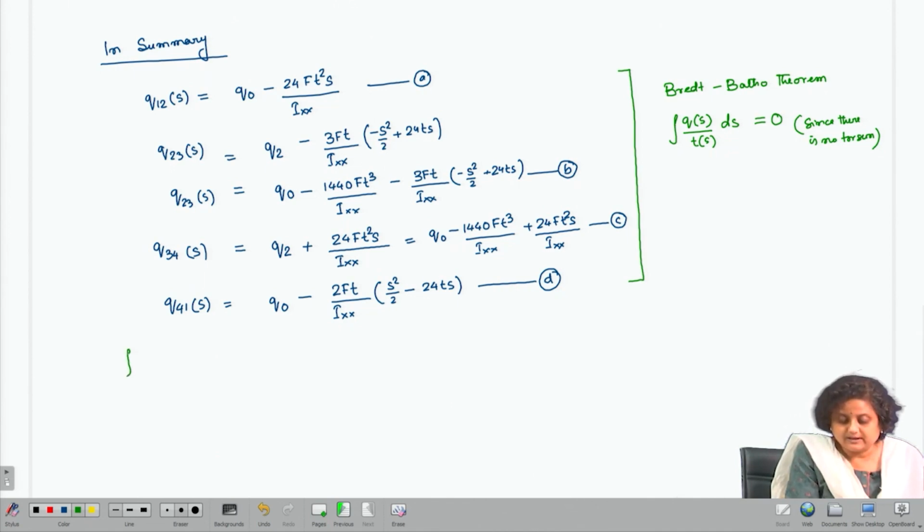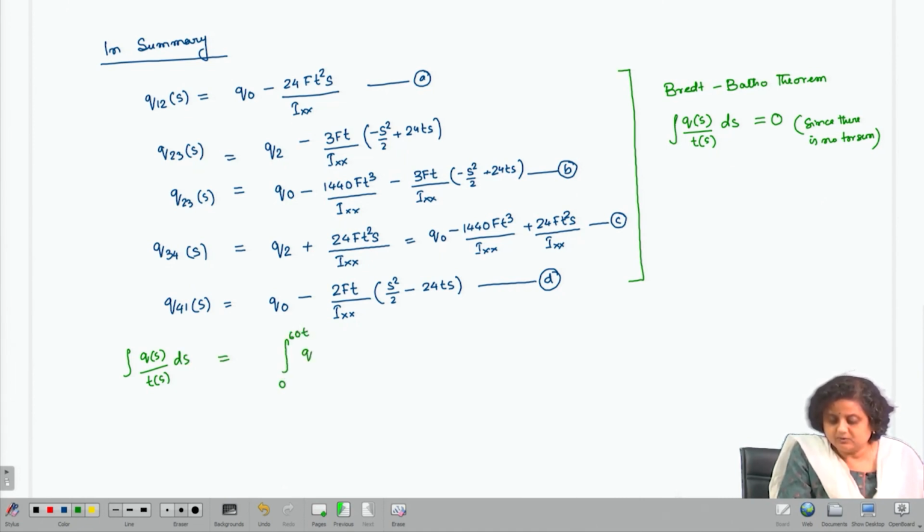So this integral of Qs by Ts into ds is going to be 0 to 60t Q1 to S. Now, the thickness of that is T into ds.